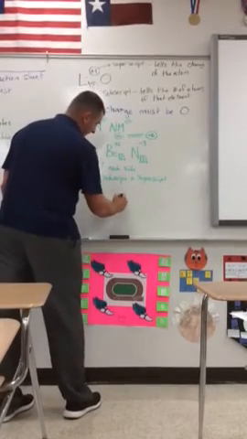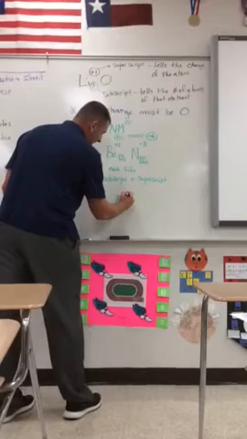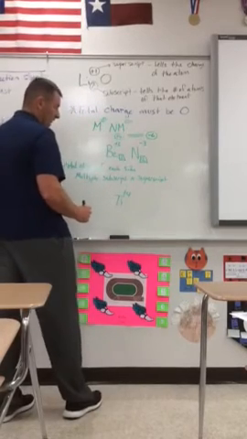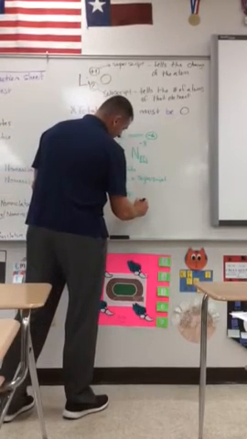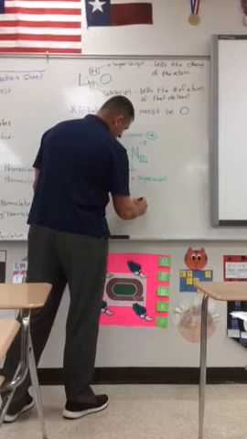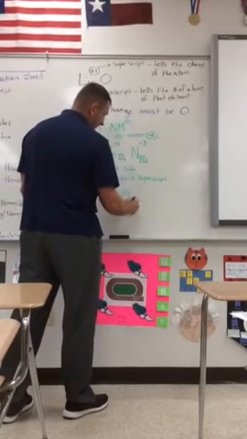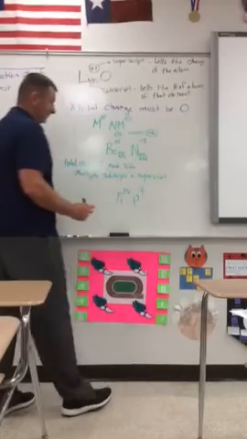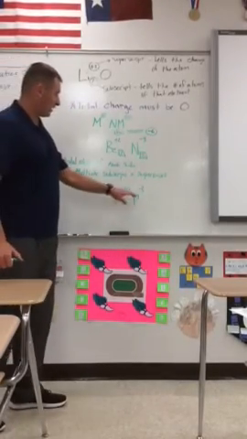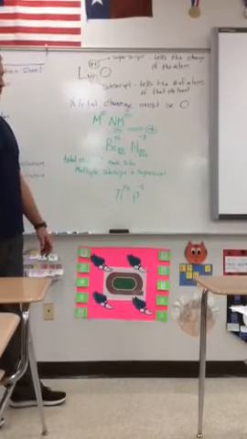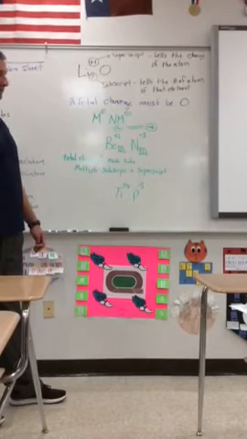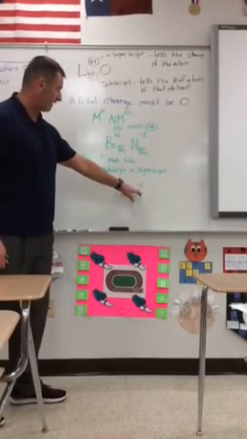So let me do one more here. If I have titanium and it's a +4, and then I have, let's go with phosphorus, and that's a -3, what is the lowest common denominator going to be for this? 4 and 3. Do they both go into 4? No. 5?